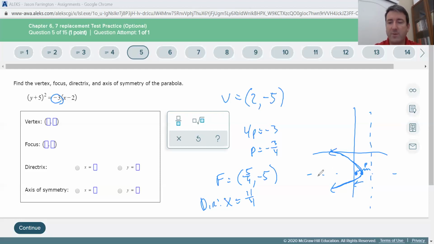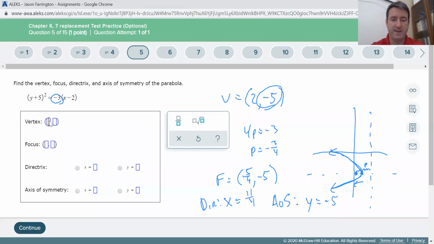And then our axis of symmetry is going to go right through the vertex. So here we can see that it's a horizontal line. So the axis of symmetry is going to be y equals, and it's going to go through our vertex. So it's going to be y equals -5. So let's fill in those answers.